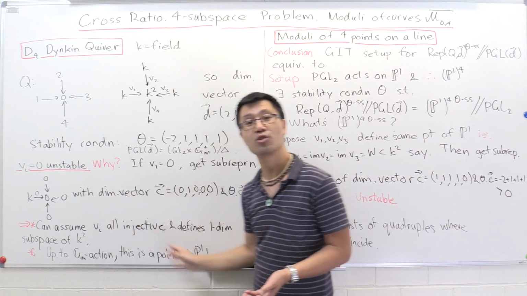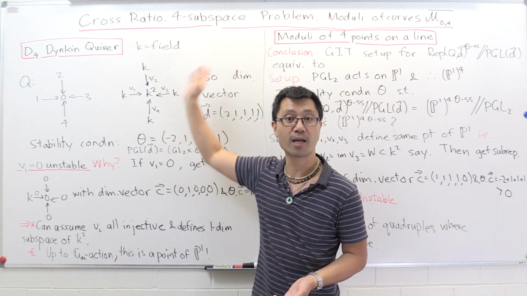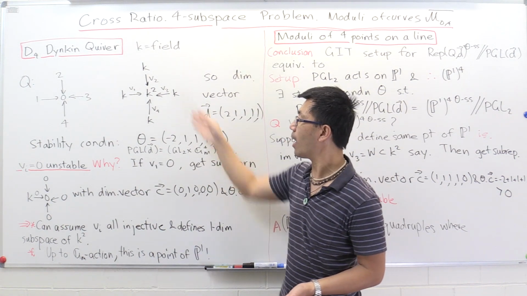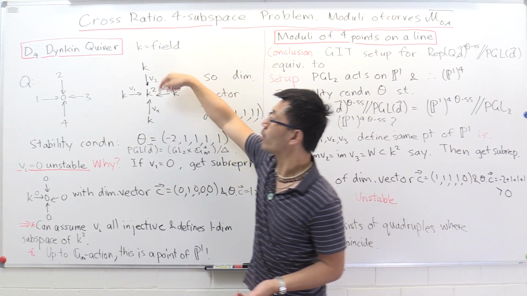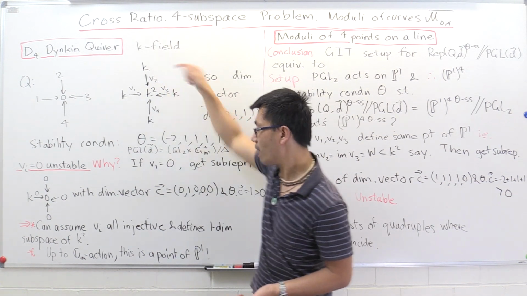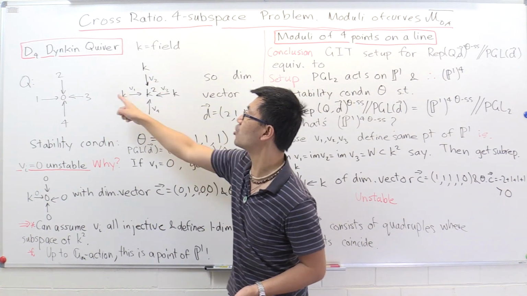Okay, so the other thing that you should notice is that if you have a one-dimensional subspace of K^2, then that corresponds to a point in P^1. In fact, we're looking at maps here. So if we scale them by GM, we're allowed to scale each of these by GM, of course.